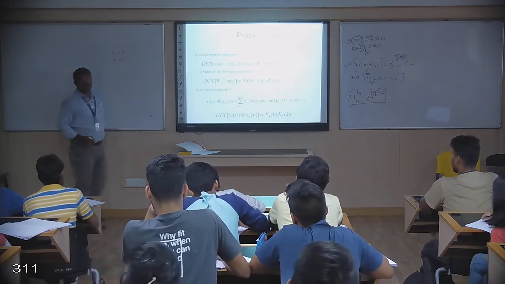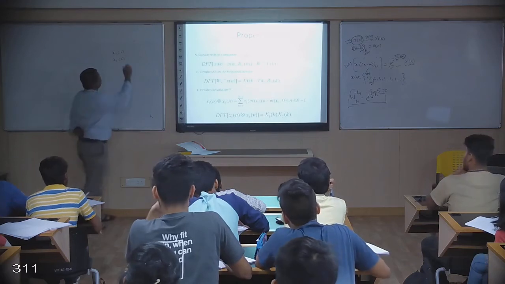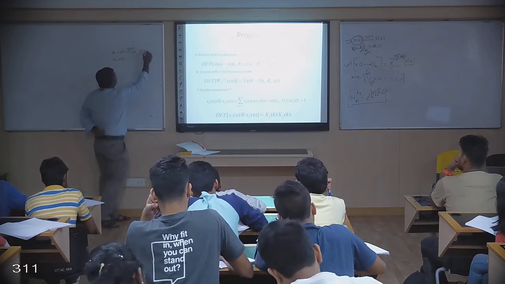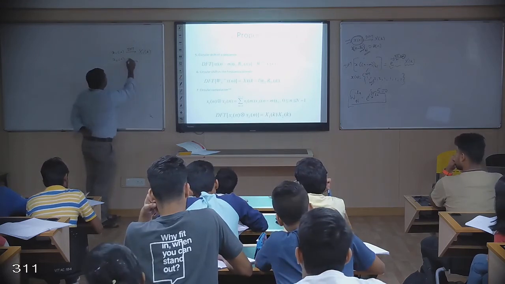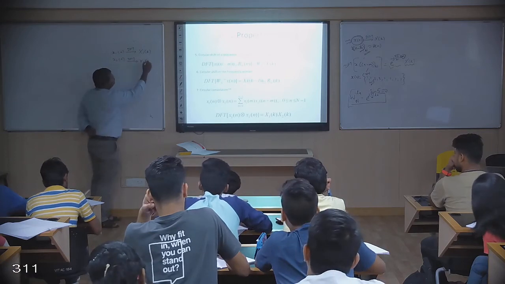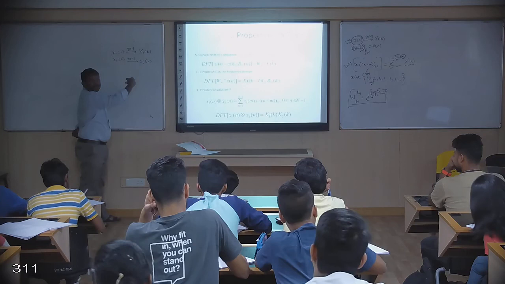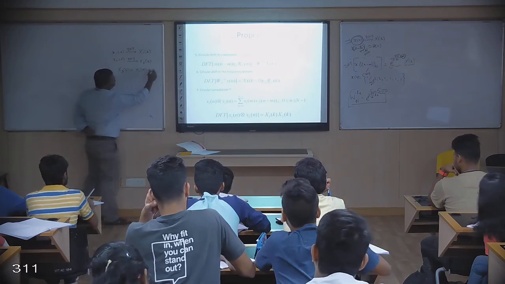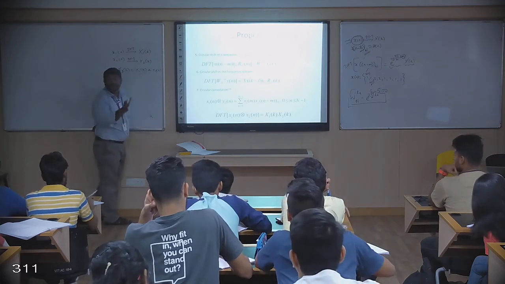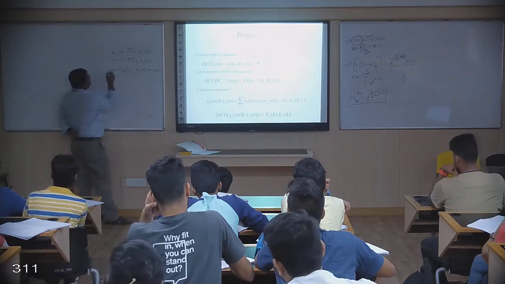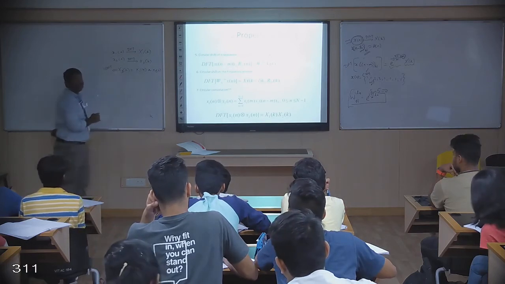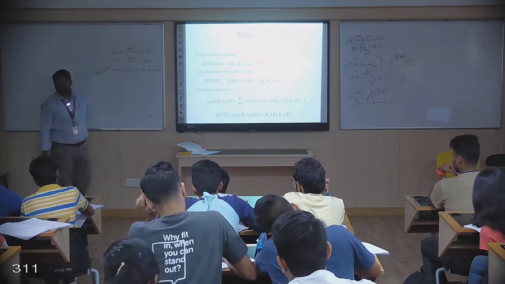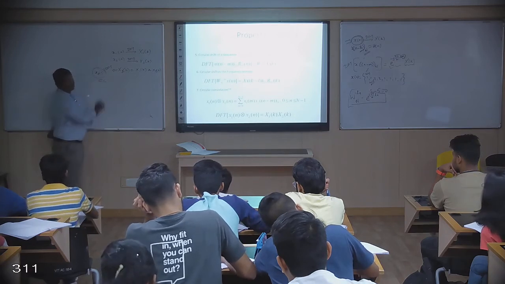If you want to do circular convolution, you just take the DFT of that, you'll be getting x1 of k. Take the DFT of this, you'll be getting x2 of k. Multiply these two, so let me take it as x3 of k, which is x1 of k into x2 of k, a normal multiplication. Then take the IDFT of this. That will give you x3 of n. This is the required circular convolution.